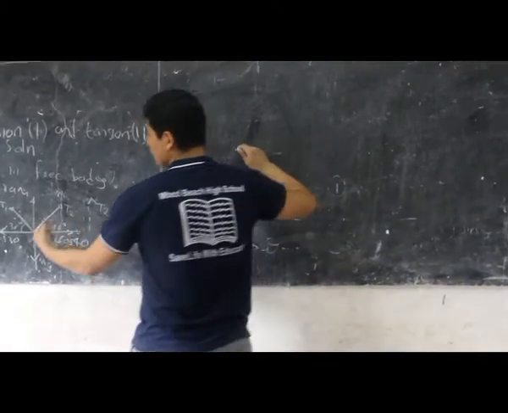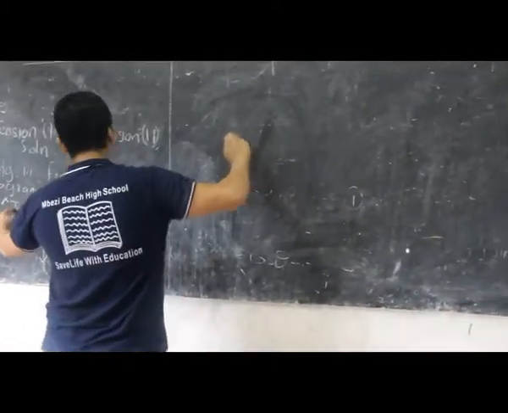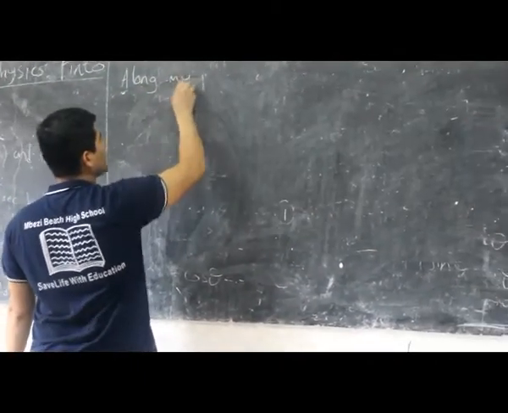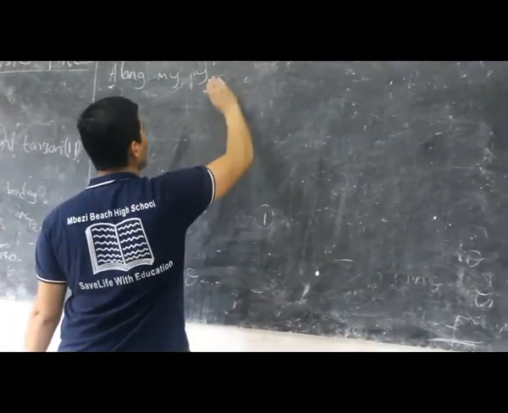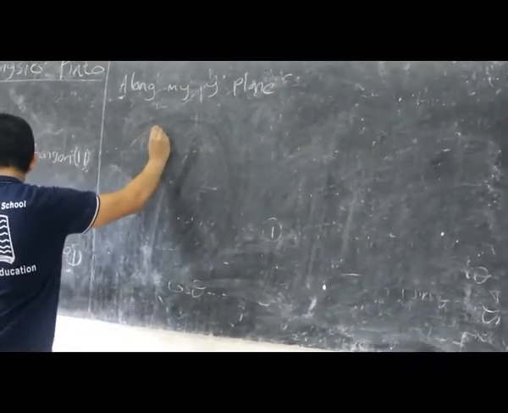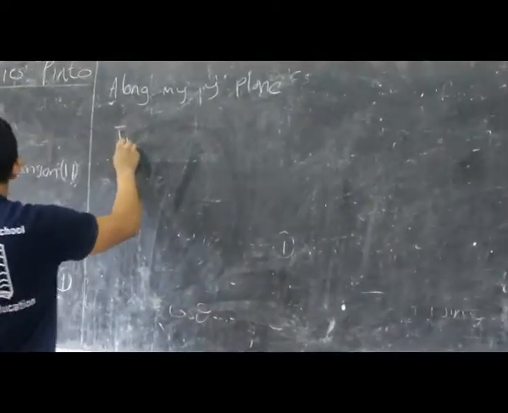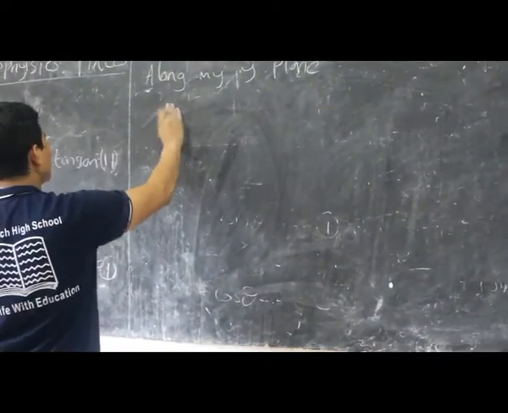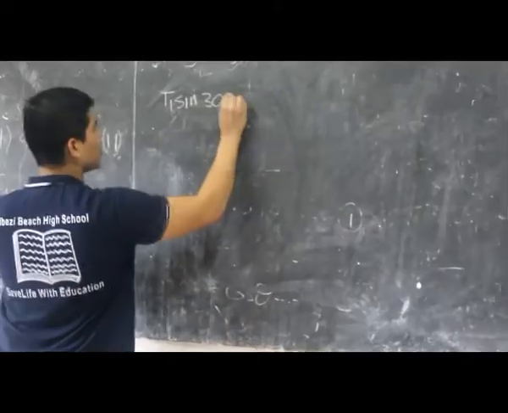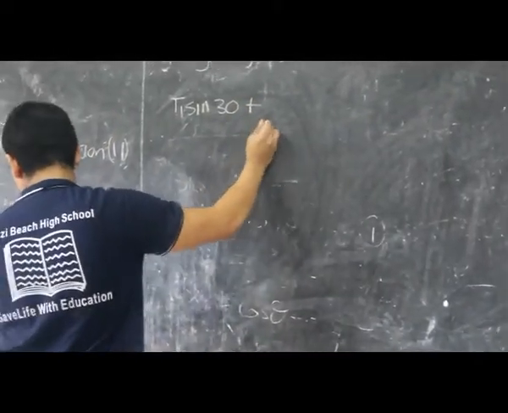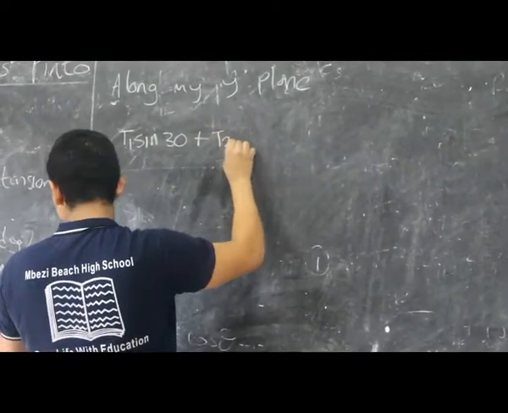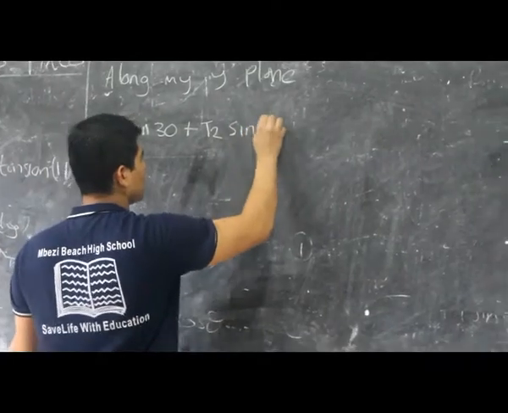In this case, I can consider along my y axis, on my y plane. Now in my y plane I have T1 coming upwards, but it's not only T1, it should be T1 sine of 30 plus the other one here which is also acting upwards, which is T2 sine of 40.